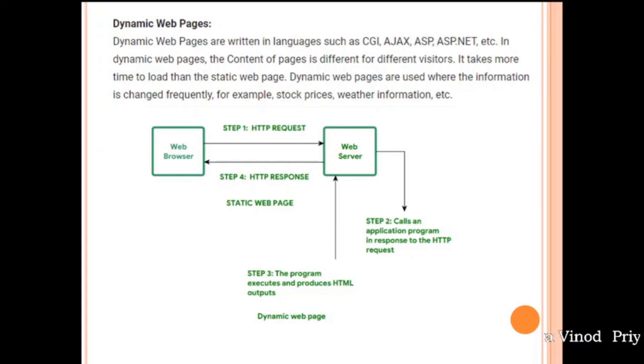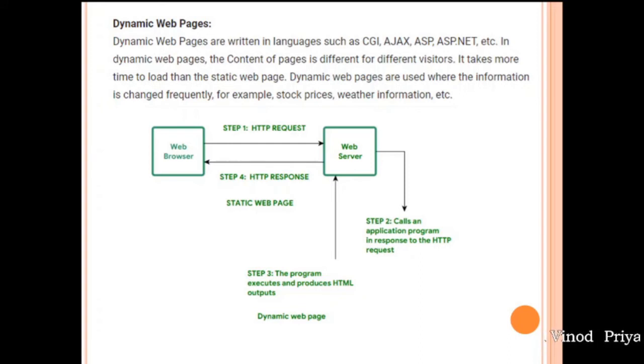Whenever a web browser sends an HTTP request, the web server doesn't just get the old page and give it to you. It has to actually call on an application program, which executes in the background and produces an HTML output and then gives it back to you in response. So you might not get the same web page in response 10 minutes later or so if it is a dynamic web page. I hope that is clear.